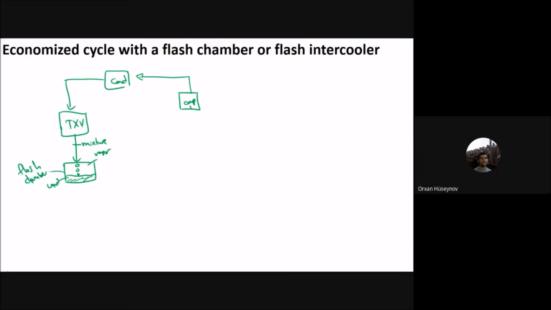Okay, now let's see the next component here. So I can take the liquid part of this one, the liquid alone. Okay, and I can use the TXV here, the thermal expansion valve, and then I will place the evaporator. From that evaporator I will have the compressor here. Okay, this is the compressor. So this is the liquid part, and I will take the vapor part here.